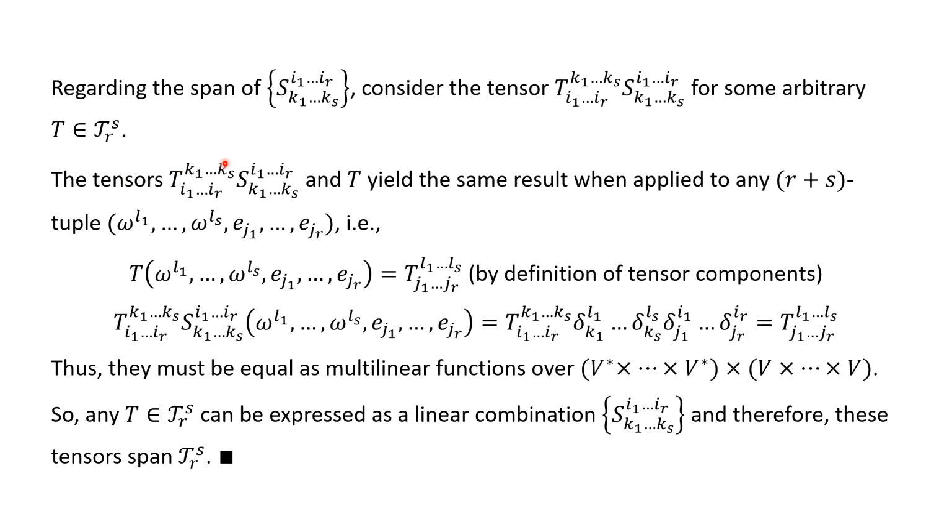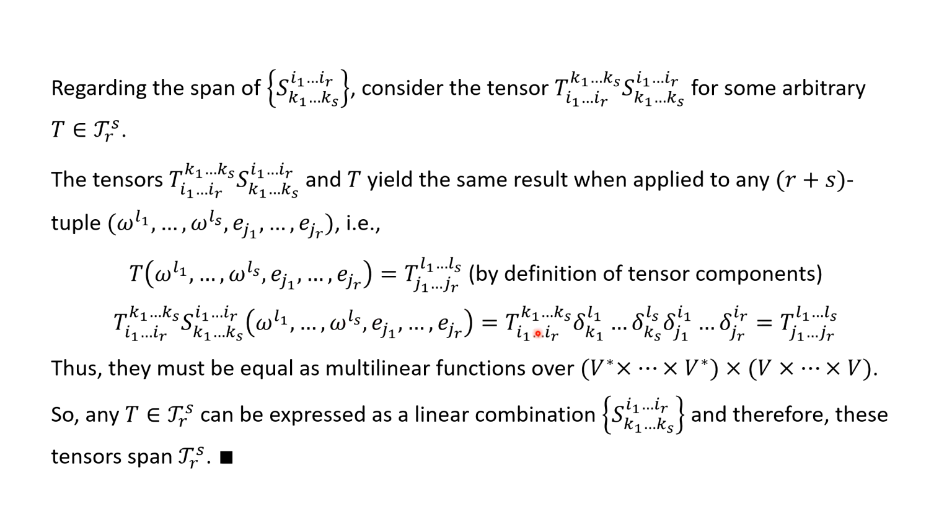And we're going to show that this product and T yield the same result when applied to an R plus S tuple consisting of basis vectors from the dual of V and the vector space V. So by definition of tensor components, we have this.